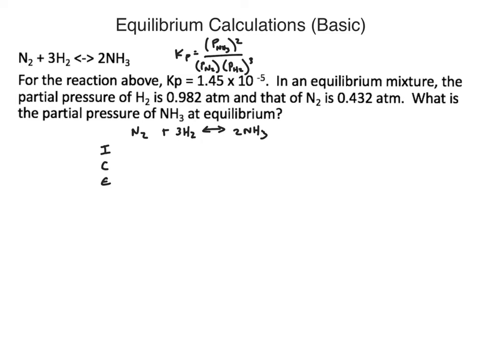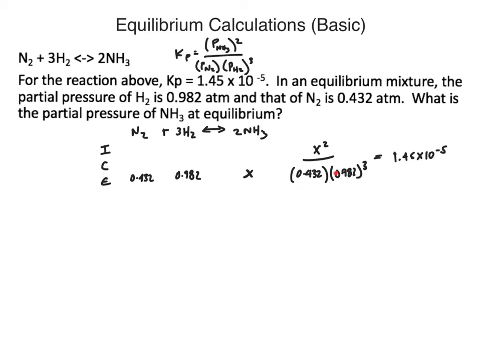Let's plug in our equilibrium values that we know. Then we're going to take these values and plug them into our equilibrium expression. We've also been provided our Kp, our equilibrium constant, so we're going to plug that in as well and solve for x. Now that we've plugged all of these in, we get x squared all by itself.